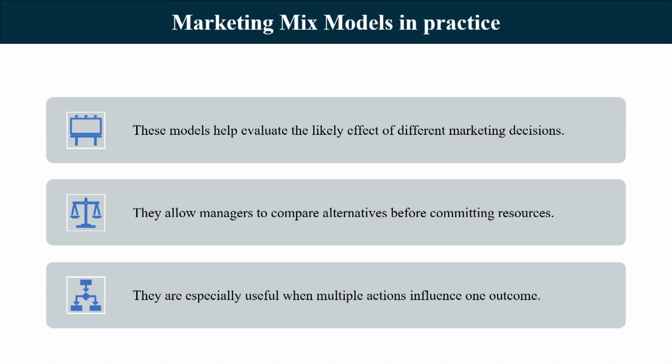Marketing mix models also allow managers to compare the alternatives before committing the resources. Alternatives mean various combinations of the marketing mix components: product quality level X, price set at A, distribution intensity at, let us say, 95%, and promotional activity at, let us say, 70%.